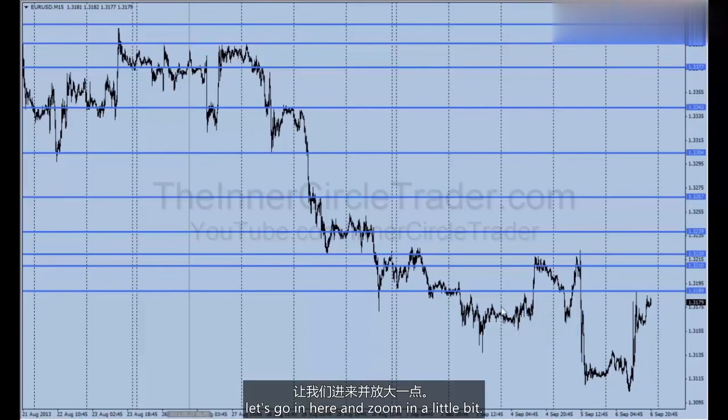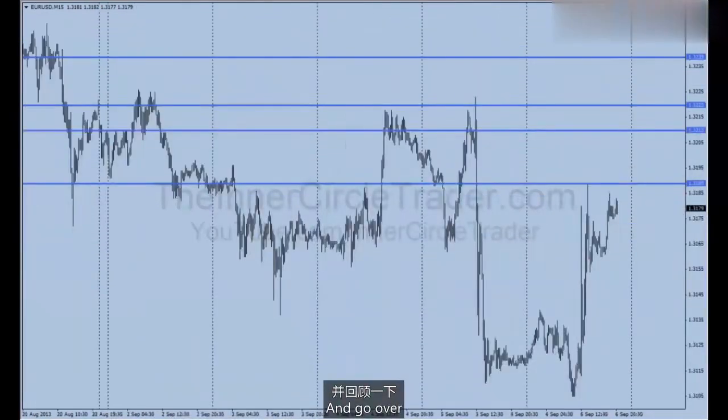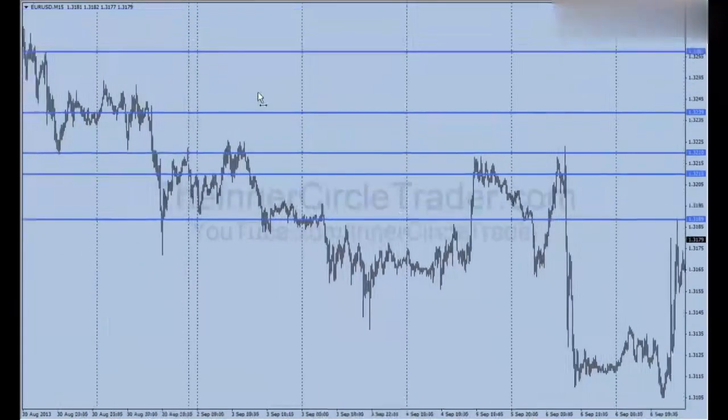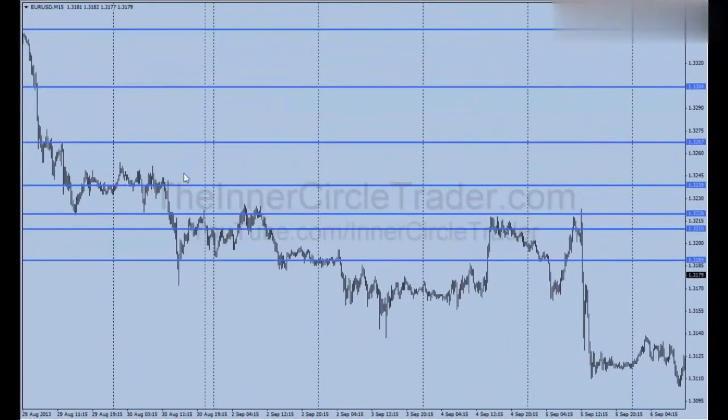So let's go in here and zoom in a little bit and go over what had transpired here, okay? And we're going to use Friday, 2 Fridays ago, and we're going to use this price point here. We have a price move down, small little retracement, another move down, and then a retracement.